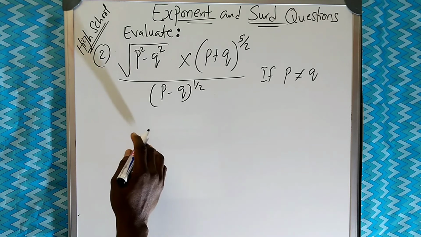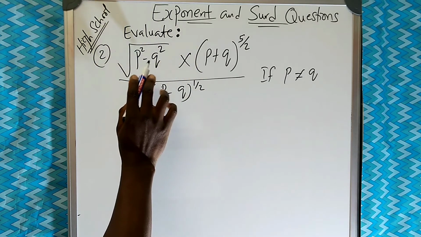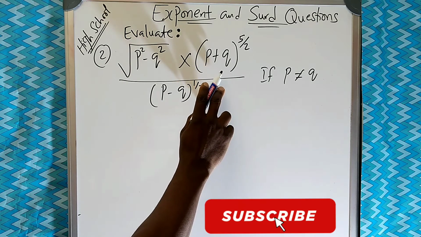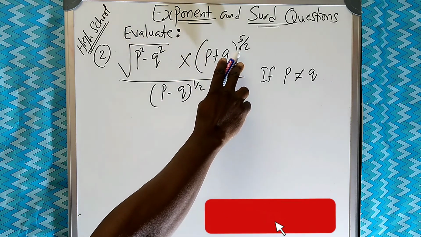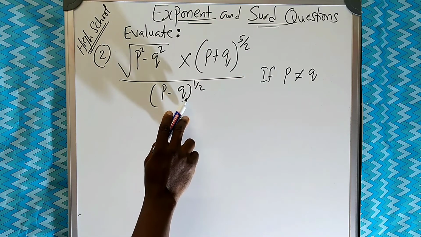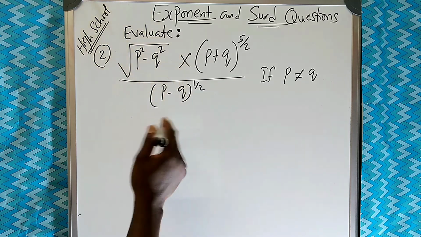All right. Let's bring all of them together. If you look at this, it has a square root. This one also has a square root, but it is being represented with an exponent over 2. Also, this one has a square root represented by raised to power 1 over 2, according to the law of indices.